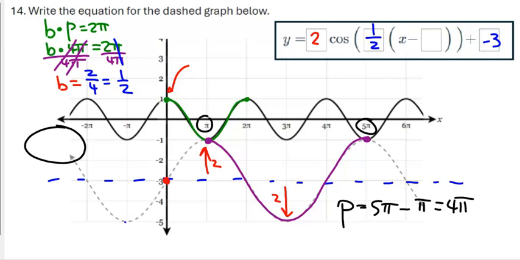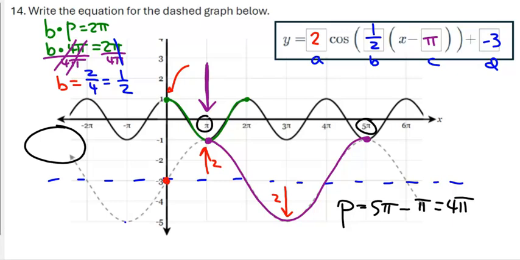And then for my shift. The value I'm putting in, I'm calling this the a value, this is the b, this is the c, and the d. The value I'm putting into the c value is where did I start my graph on the bottom, the dashed graph. I started the period at pi. So my c value is pi.